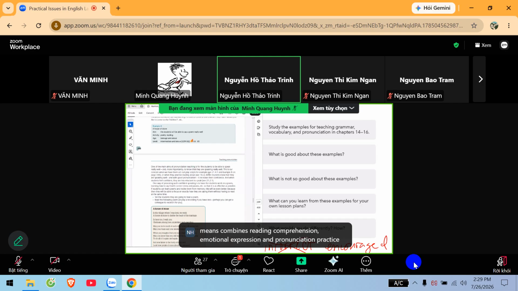Yes, and in the working with intonation and stress part, some good points are visual clarity. This means using clear symbols, arrows, and line notation to make abstract movement visual and easy for students to understand.